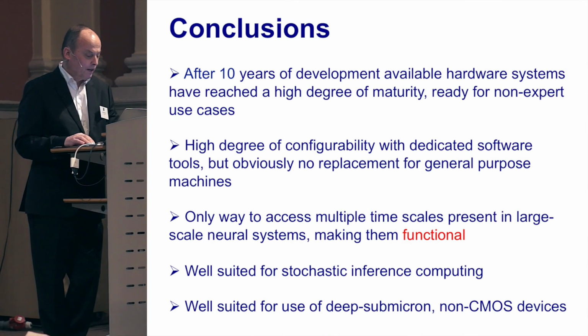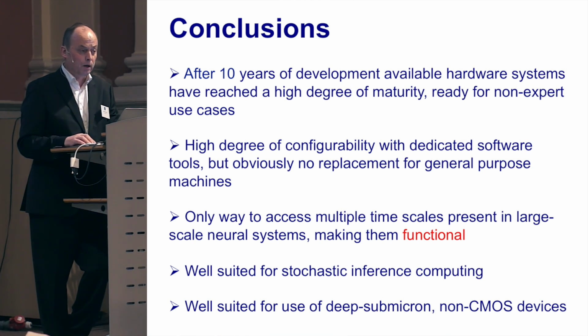My conclusion is, after 10 years of development, it took a while, we now have hardware systems that are available that have reached a high degree of maturity, ready for non-expert use cases. They have a very high degree of configurability, which is important, with dedicated software tools, but obviously they are not and will never be a replacement for general purpose computing.